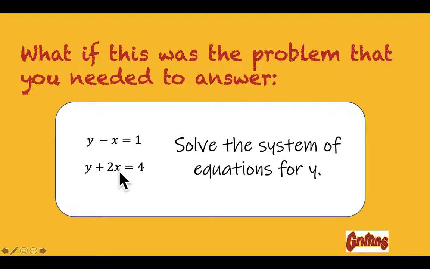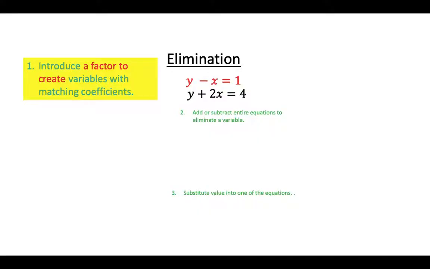And we know we can do that by introducing a factor. So the second equation has a factor of 2 on the x value. So it just makes sense to look back up here and ask ourselves, how can we introduce a 2 in this equation and keep it still an equation?